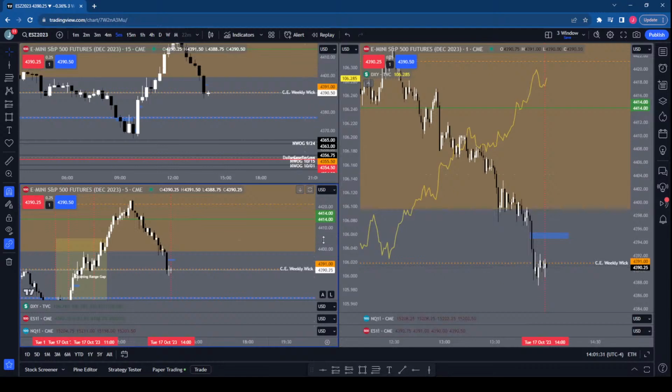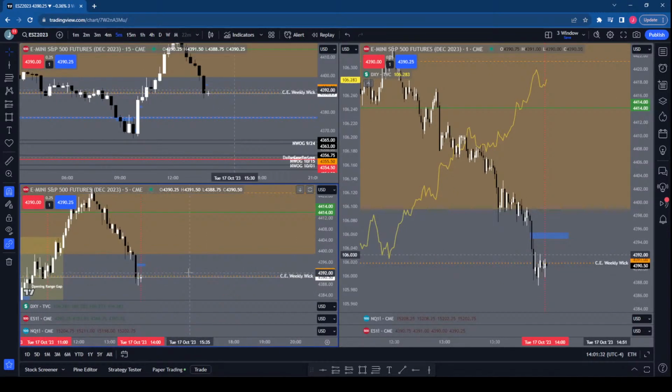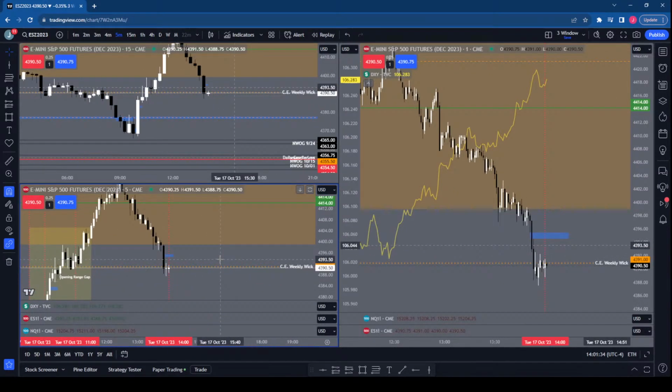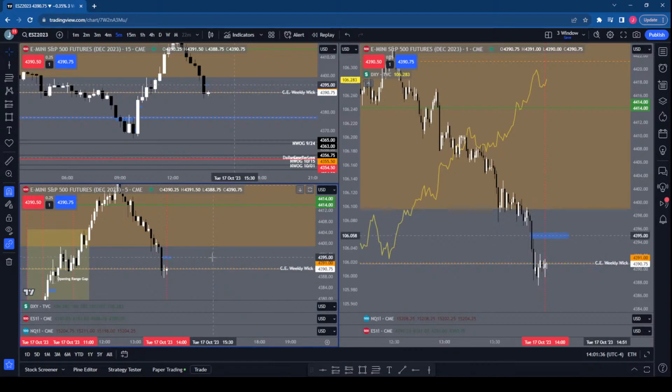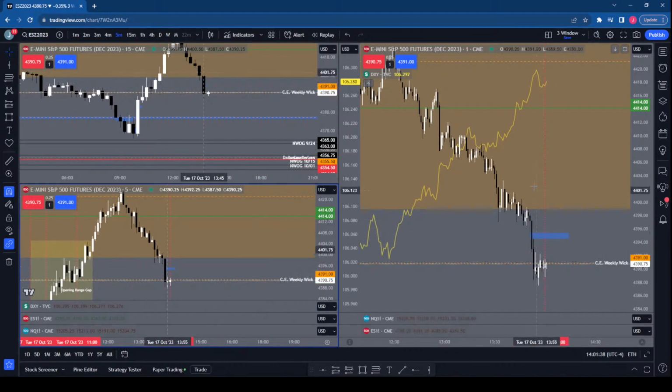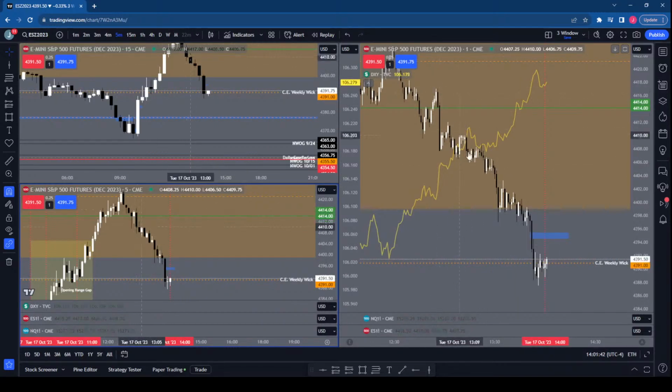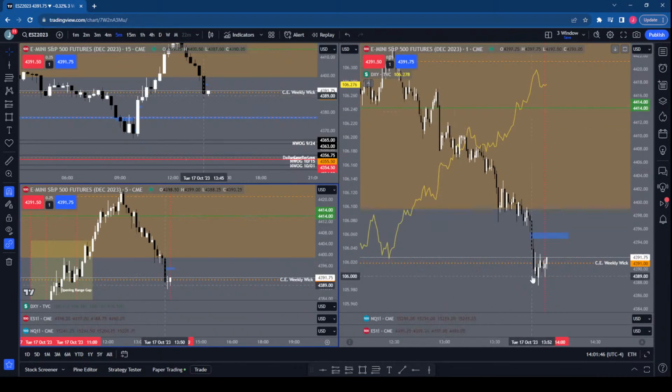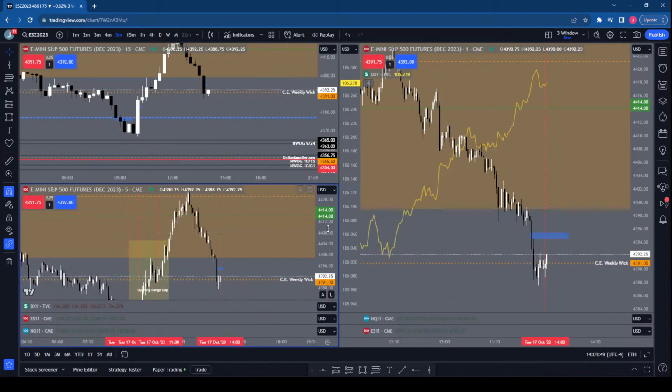What makes that hard is you're not going to be able to identify any kind of sweep in liquidity clearly, because it can run up here to get some liquidity to go down, but how far? Is it going to be this high? Is it going to be that high? Is it going to be this inefficiency? Is it going to be this inefficiency?